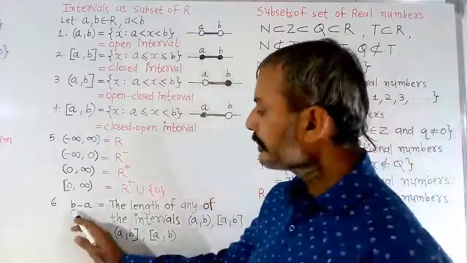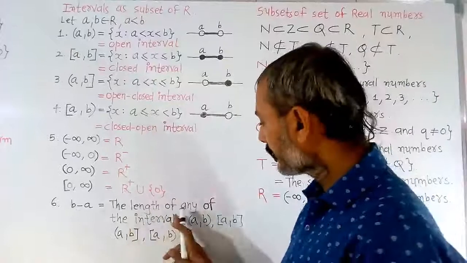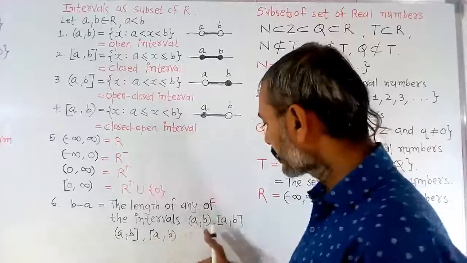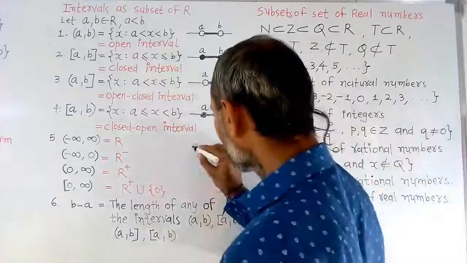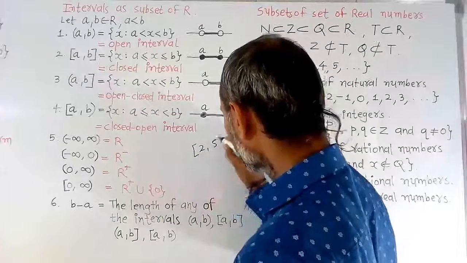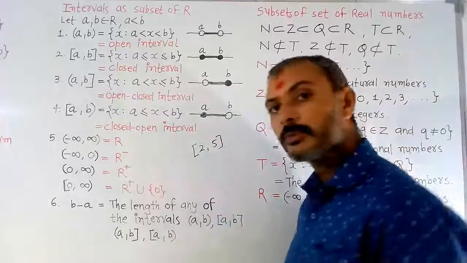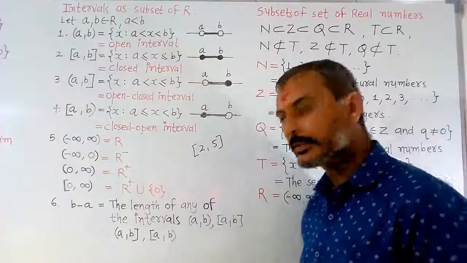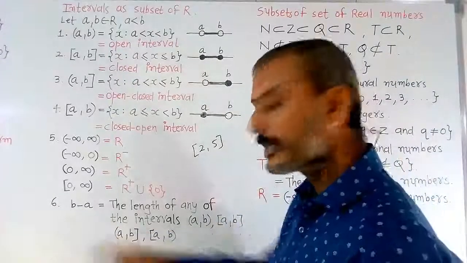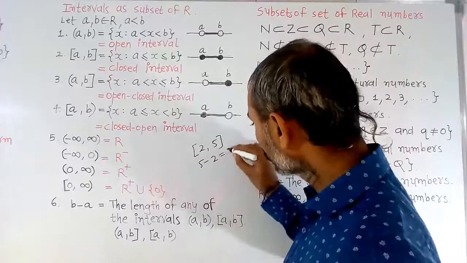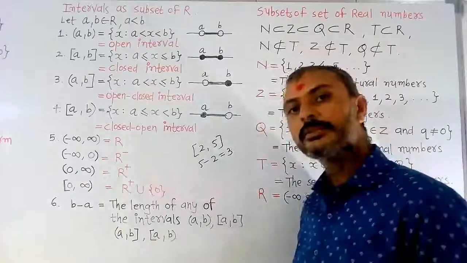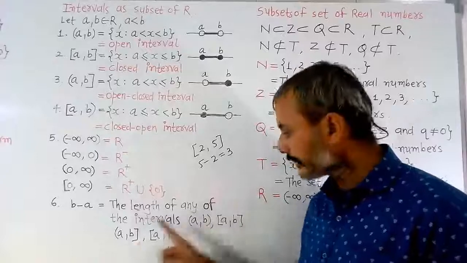And b minus a means the length of any of the intervals of this form. For example, one interval is given like this, 2 to 5, and we have to find the length of this interval. Then it is very clear that we have to write b minus a, meaning 5 minus 2 equals 3, which is called the length of the interval.